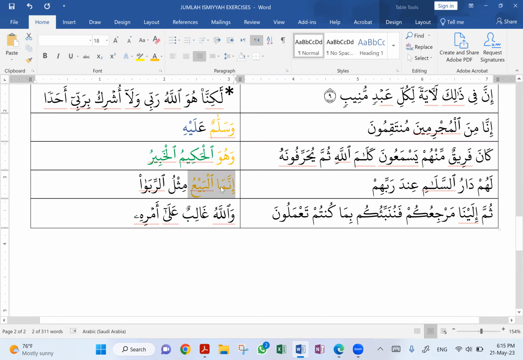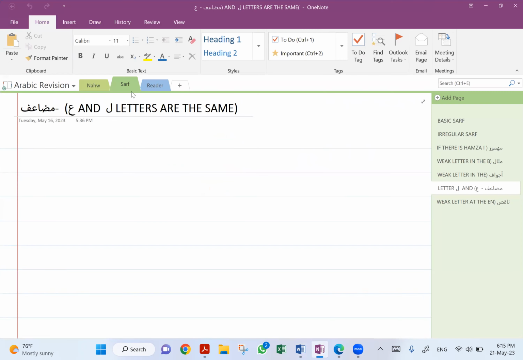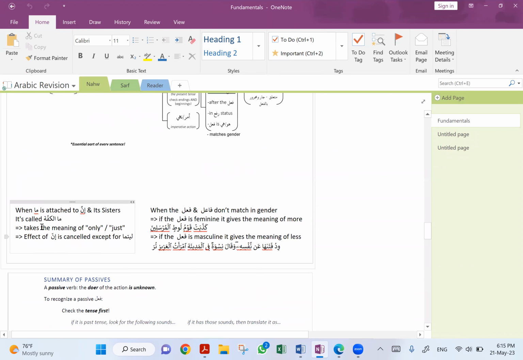But this ma, you know how inna makes it ism nasab? So we expected bay' to be mansub because inna, right? But then this ma is called ma al-kafa or something like that. I'm not so sure. Let me just confirm. Ma al-kaffa, yes. It's called ma al-kaffa.